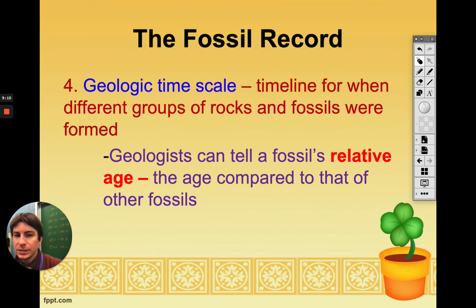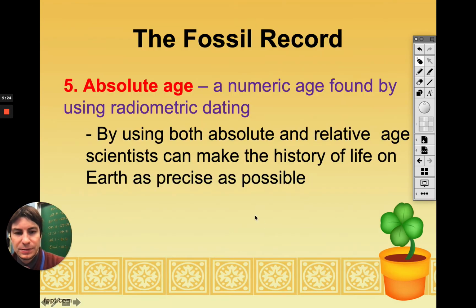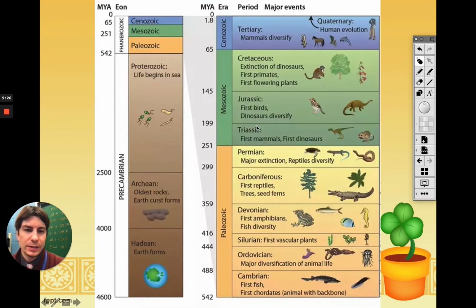So it helps us to compare our fossils to show that, okay, I know this organism came first, and let's look at the changes that happened from this organism to the ones that are more recent. So here's a bunch of different animals here, guys. If this is the strata going downward, they were able to see all these different organisms in the strata and say, okay, well, I know this one came first.